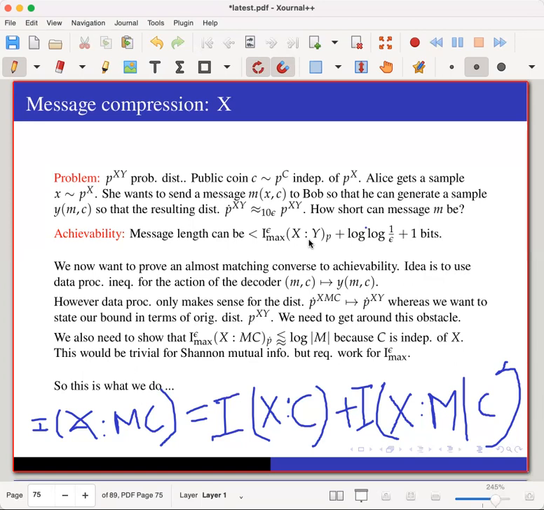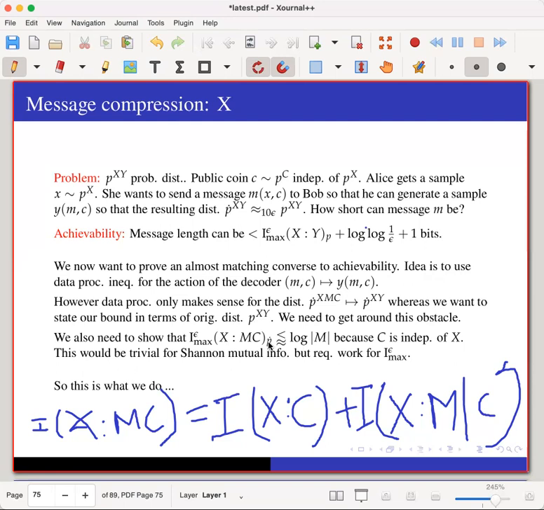But just this bare argument will not work. First of all, there are issues here because this is not the Shannon information, so we cannot use the chain rule. That is the second part of the plan. For the first part of the plan, if I want to say that the mutual information between X and MC is larger than the mutual information between X and Y, I have to use data processing. The data processing will only work for P dot.